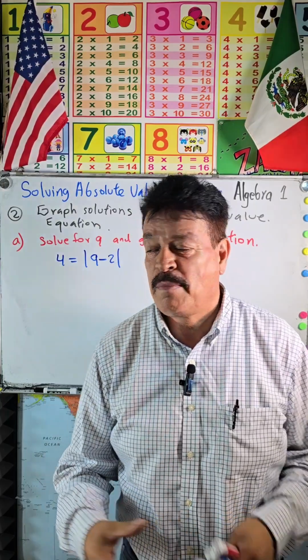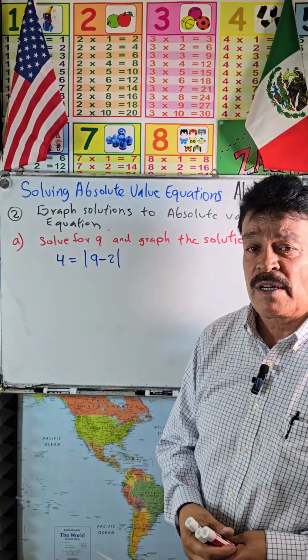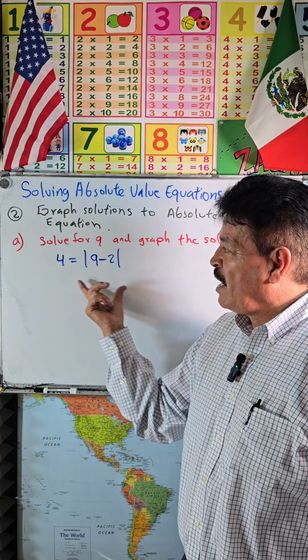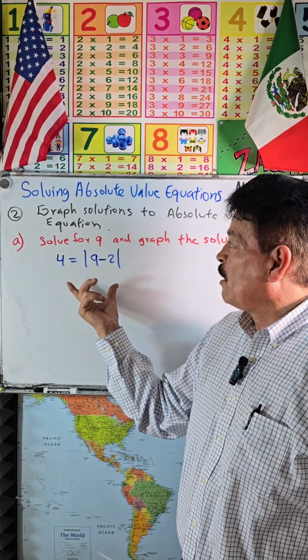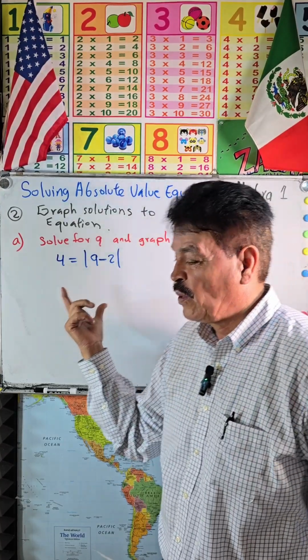How do we solve our problem? Remember the first section of our class, just see the process. We have to divide our equation in two cases.